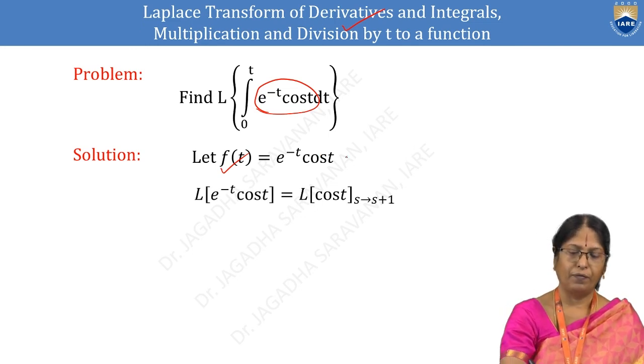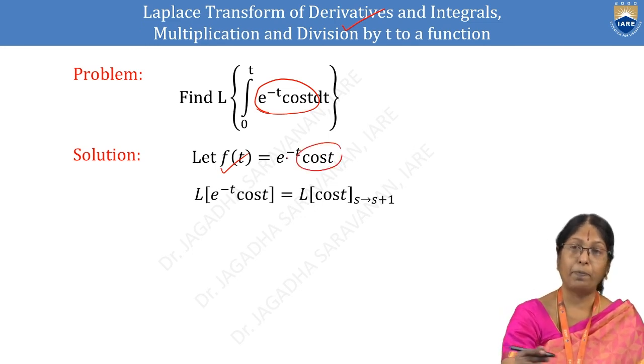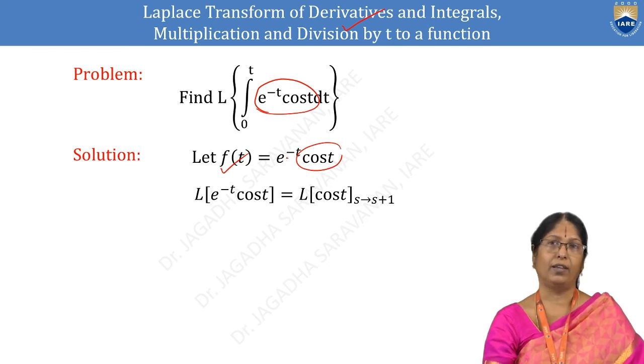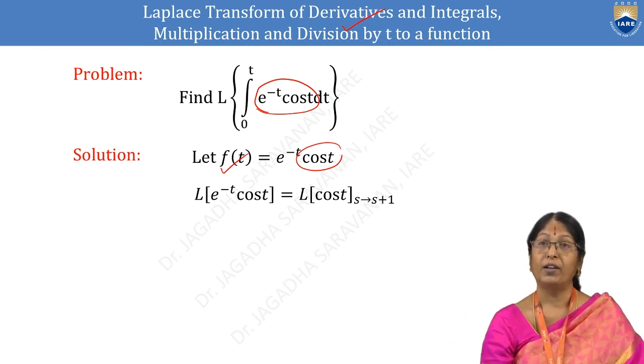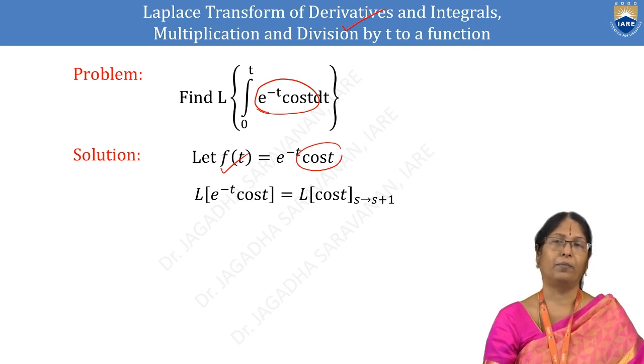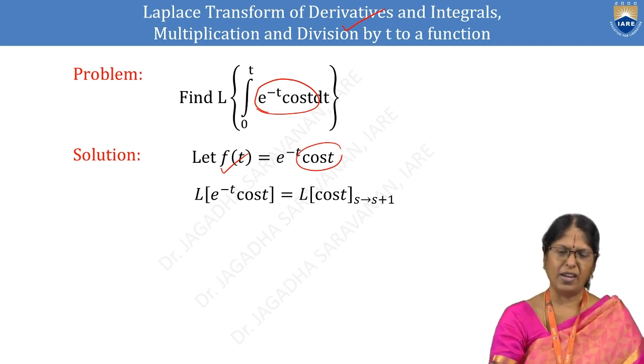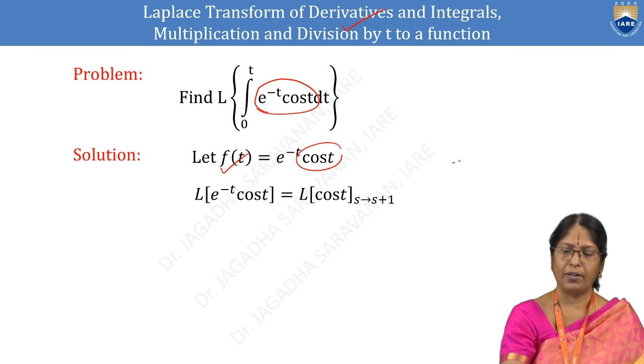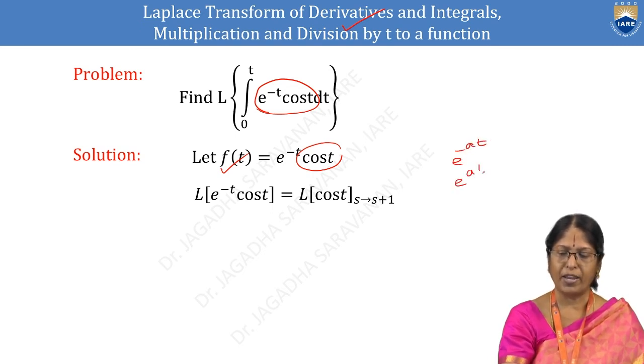Again, if cos t is multiplied by e power minus t, we have to go back to our first shifting theorem. The first shifting theorem is nothing but any function which is multiplied by e power minus at or e power at.